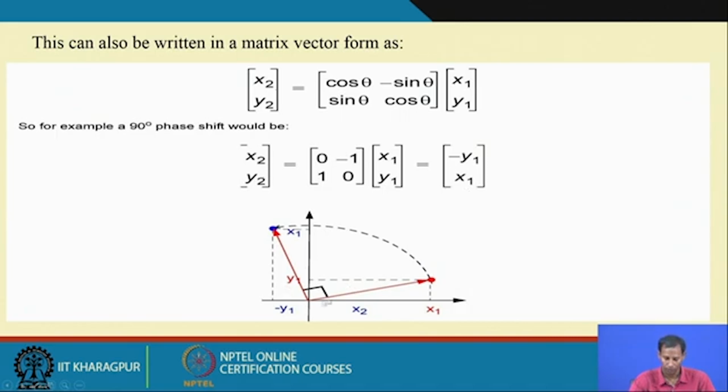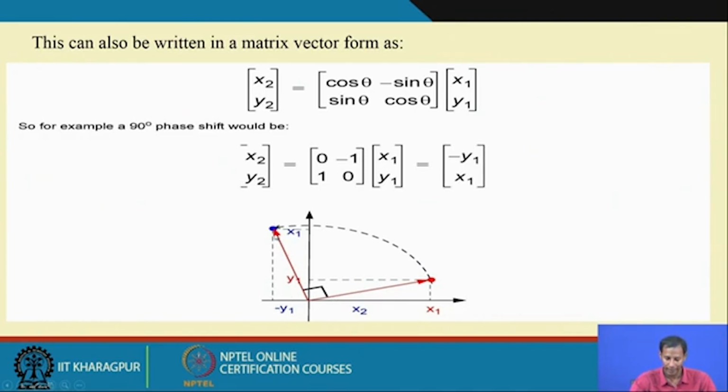So, here you see, this is the initial vector, which is x1 and y1. After the 90 degree shift, the position will come over here. So, this one is minus y1 and this one is x1.